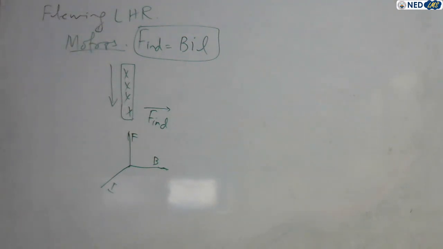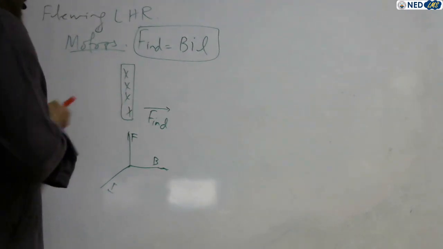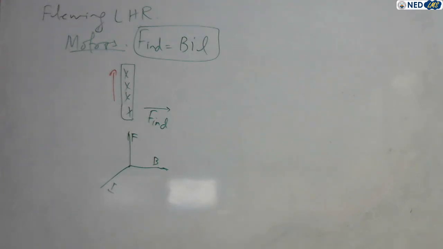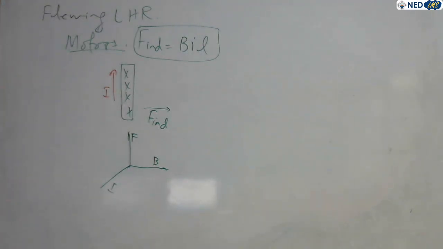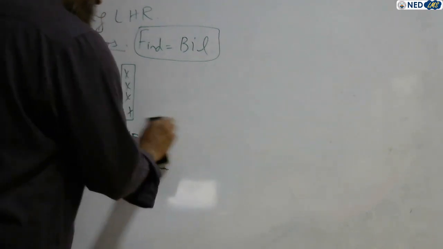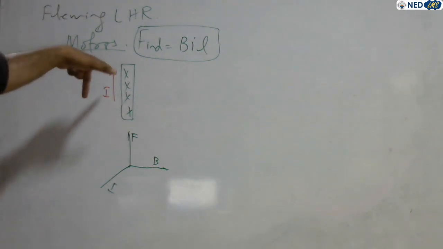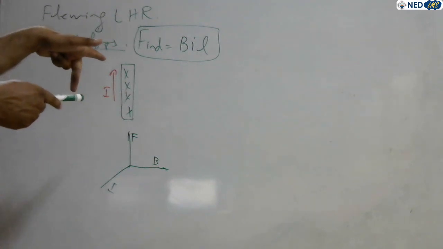Now consider the other case, where the direction of current flow is reversed in the bar. Now the current flow, that is I, is upward. So how will the force induced be in this case? Again you put your left hand. You alter the finger in which the current changes.